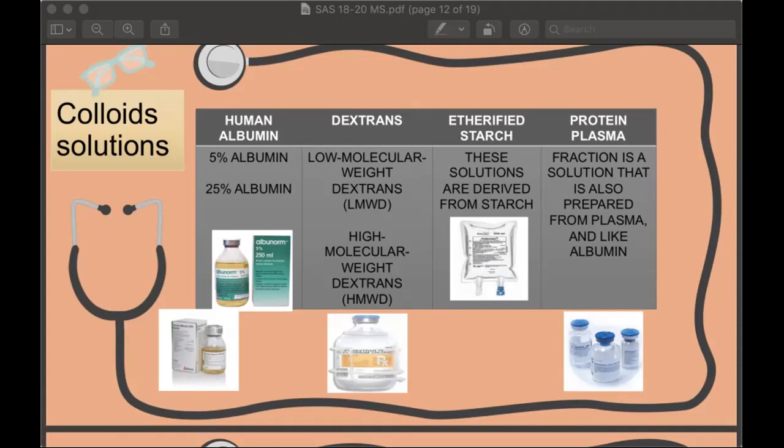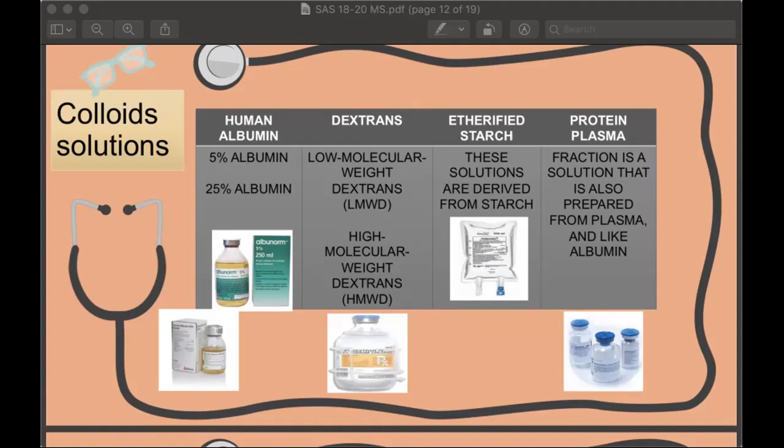It is used to improve the microcirculation of patients who have poor peripheral circulation. They contain no electrolytes and are used to treat shock related to vascular volume. Examples are burns, hemorrhage, trauma, and surgery.